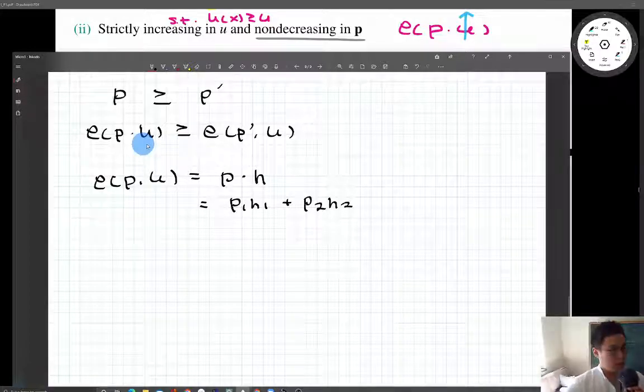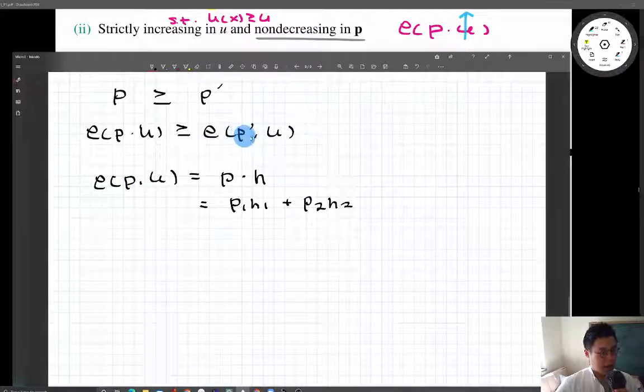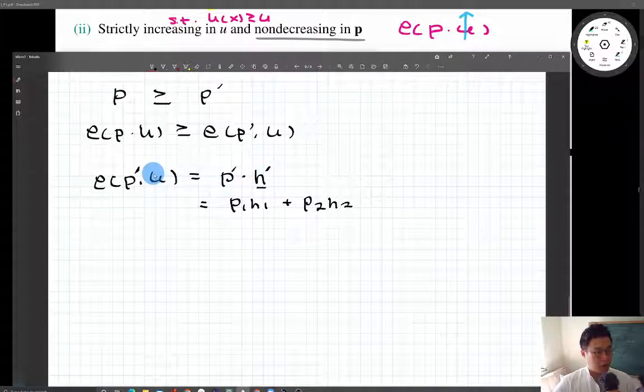Let me first work on this expenditure function when the price vector is P prime. By definition of expenditure function, that is the dot product between P prime and H prime, and H prime is the Hicksian demand under price vector P prime and target utility U.